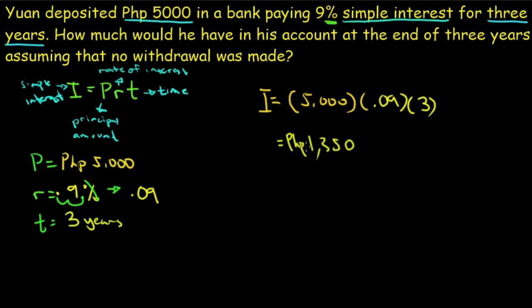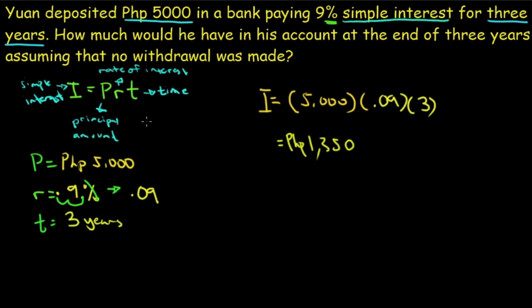Kaya lang linawin natin yung tanong. Ang hinahanap, how much would he have in his account at the end of 3 years, assuming na wala daw siyang winidraw? Magkano yung kabuuan na halaga ng kanyang pera? It means that we are looking for the final amount.